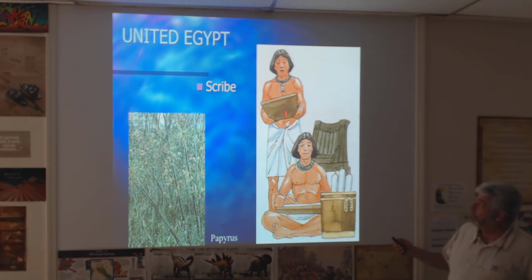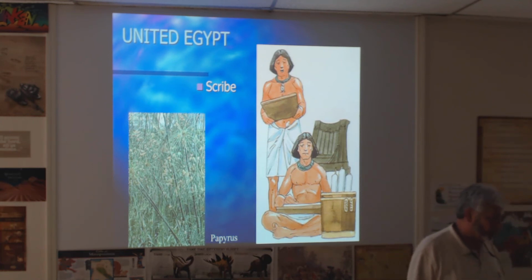This is a picture of a scribe, and he has a writing table and writes, and then they're rolled into scrolls. I'm going to show you some pictures of a lady making papyrus for us, and I'll go fast so it looks like she's moving.